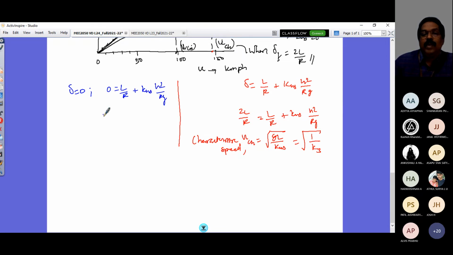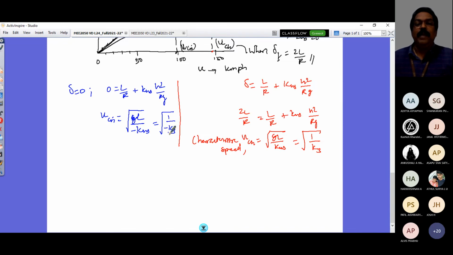So your U critical would be, this goes on this side, and then it would result in under root of GL by minus KUS, or it can be simply written as 1 by K3. So minus K3. So the stability factor would be minus in case of an oversteered vehicle.